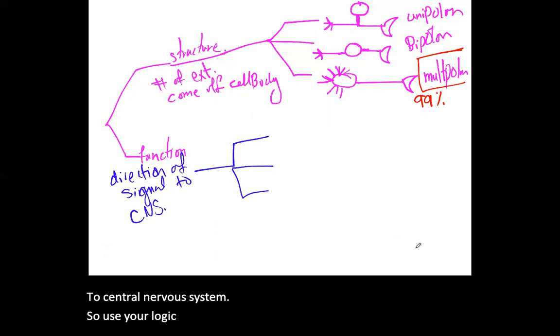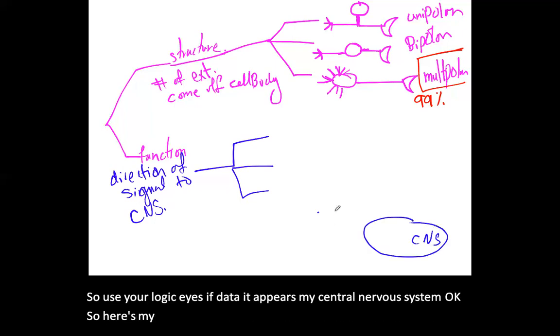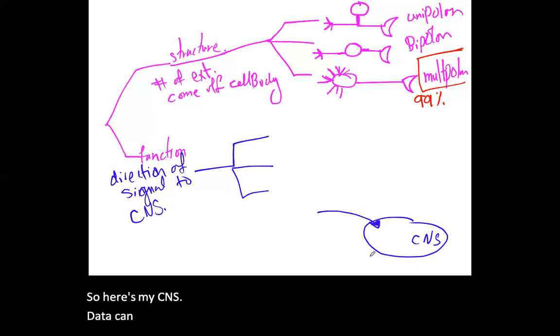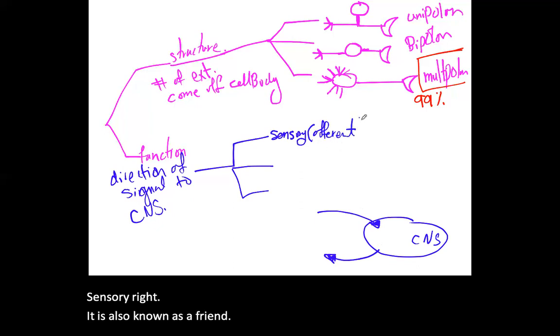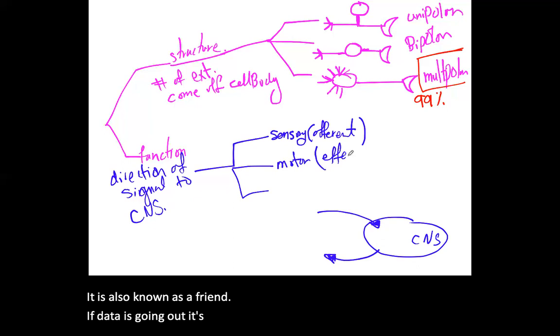If here's my central nervous system, so here's my CNS, data can come in, data can go out. If it's coming in, it's sensory, which is also known as afferent. If data is going out, it's motor or efferent. So sensory afferent, motor efferent.